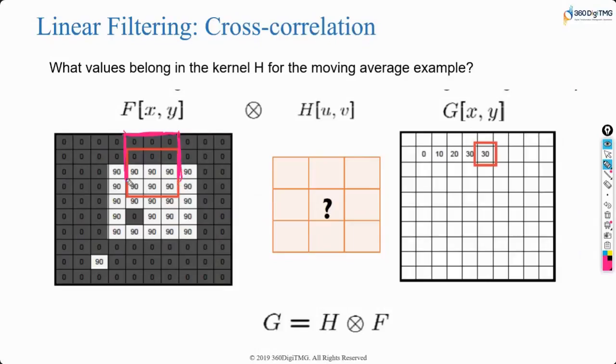And tell me what should be the values of this kernel or filter or mask such that this central pixel value turns out to be 30. Yep.